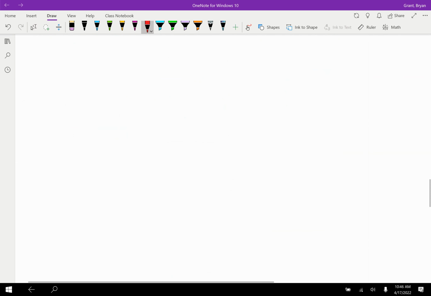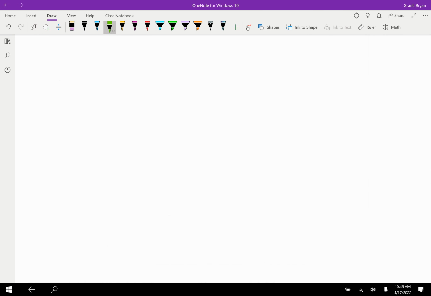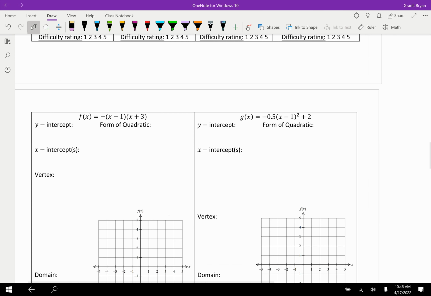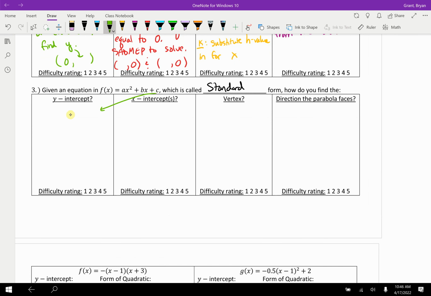So as we jump back to this second page, we can start with our y-intercept. Just a reminder, for the y-intercept, you can always replace x with 0. There's nothing wrong with that. But for standard form, we're just going to say that the y-intercept is just c. Easy enough. So we get the point 0, comma, c. The x-intercepts had several steps.